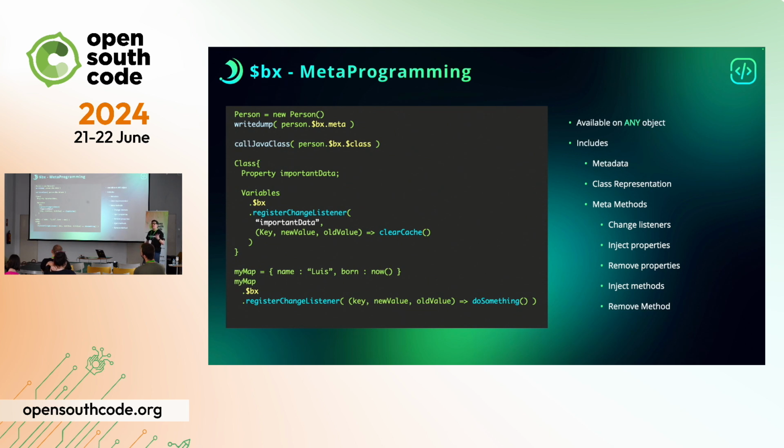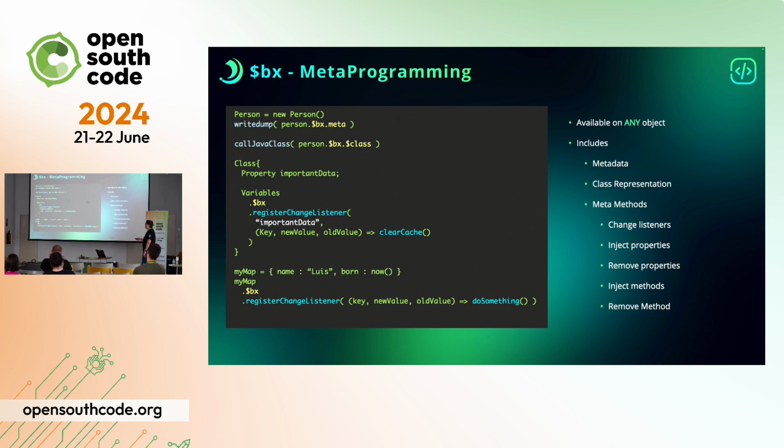That gives me access to metaprogramming. And then I can say, okay, to the bx object, give me the metadata about that class. It'll tell you how many properties it has, how many functions, its visibility, where it's stored, etc. I can also say, give me the class representation in Java, because this compiles to Java bytecode, right? So then I can actually have access to that class. Okay? But you can do more things.